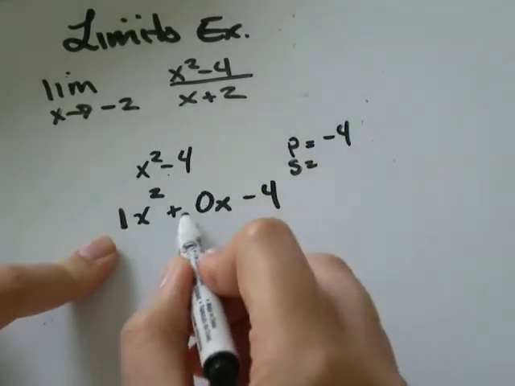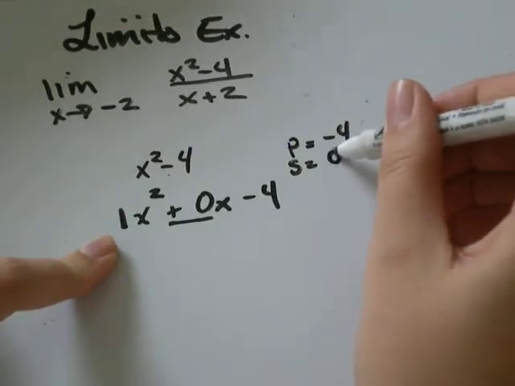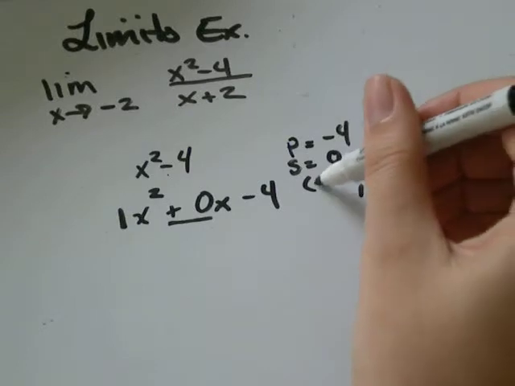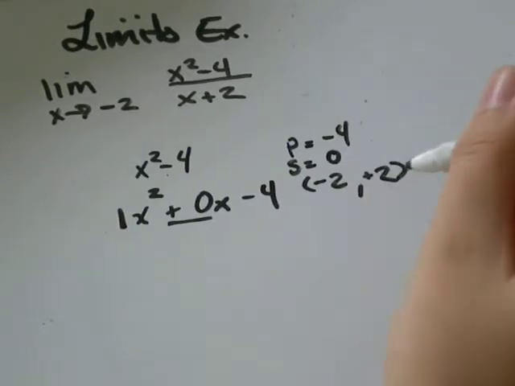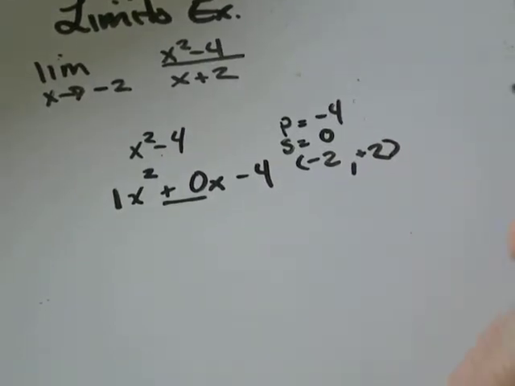The sum is the coefficient on the x, which is 0. So what two numbers multiply to -4 and add to 0? I would say that's -2 and +2. So let's go back and use those in our equation.